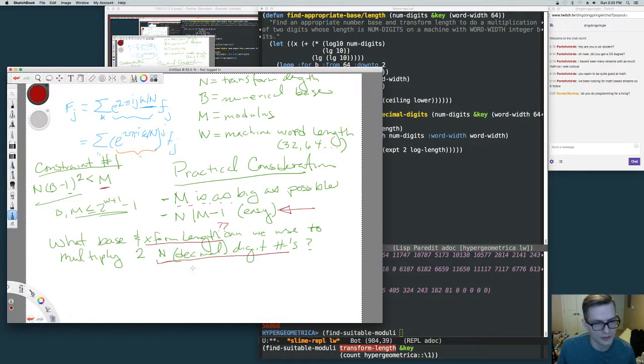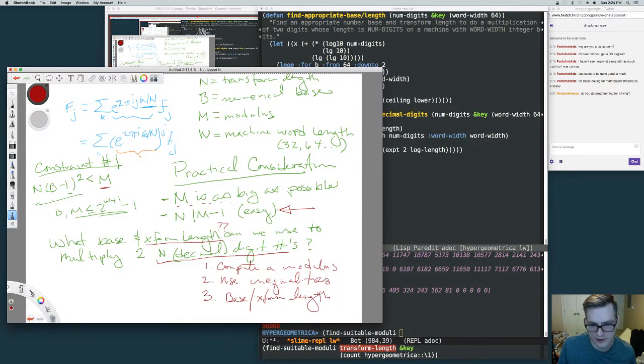The way we'll approach this is we'll compute a modulus, and then use the inequalities to filter out such moduli. And 3 will, I don't know, use magic and return the base and transform length.